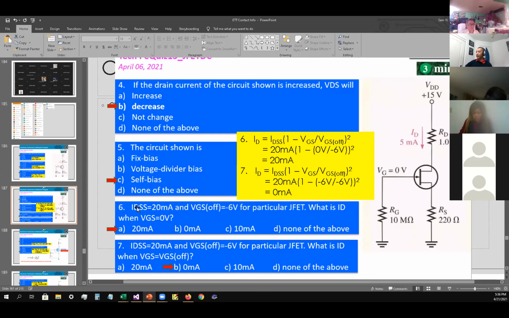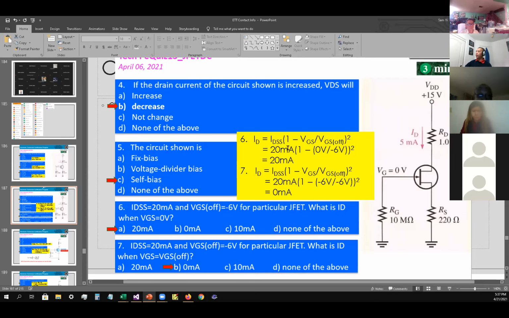Okay, for number 6, IDSS is equal to 20 milliamps, VGS off is equal to negative 6 volts for a particular JFET. What is ID when VGS is equal to 0 volts? Okay, so you just plug into the formula from the handout.